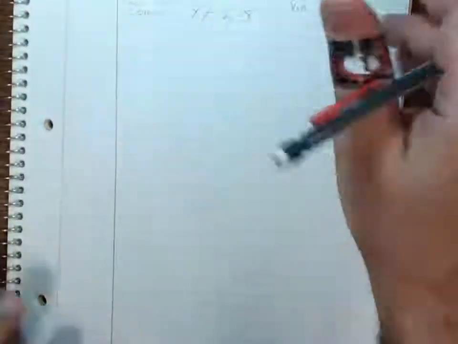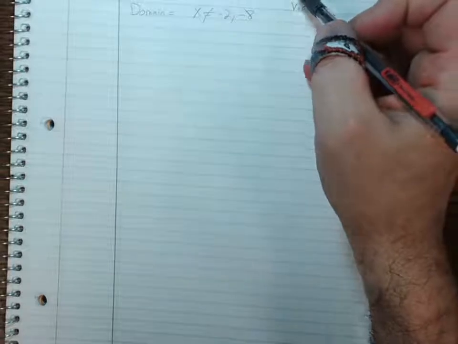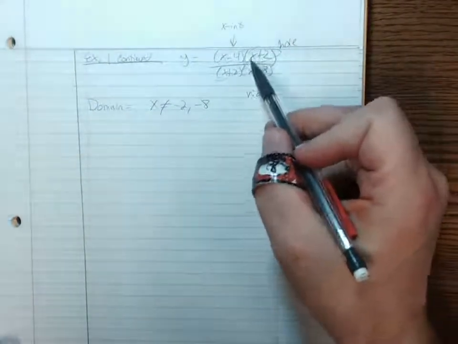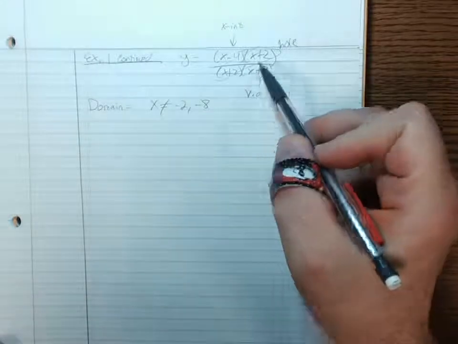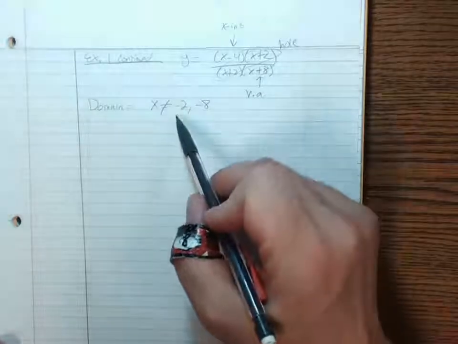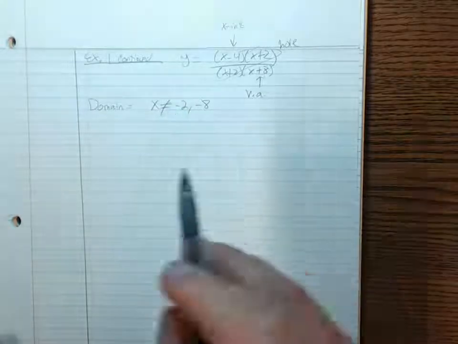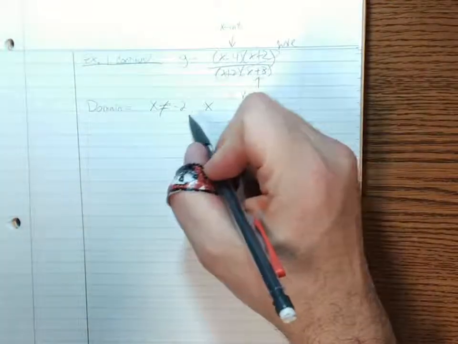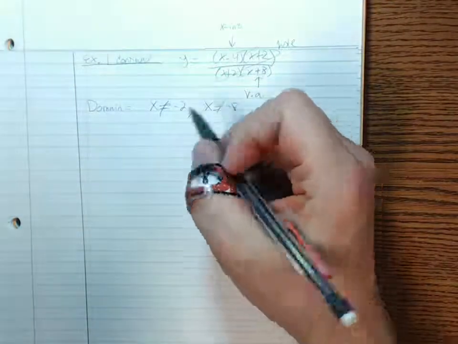So that's my domain, which is pretty cool. I love that 4 of these 6 things come very quickly. Here's one: whole, vertical asymptote, x-intercept, and then when you take your answers to whole and vertical asymptote and simply make x not equal to those, that's your domain. So I like it when it follows quickly like that.